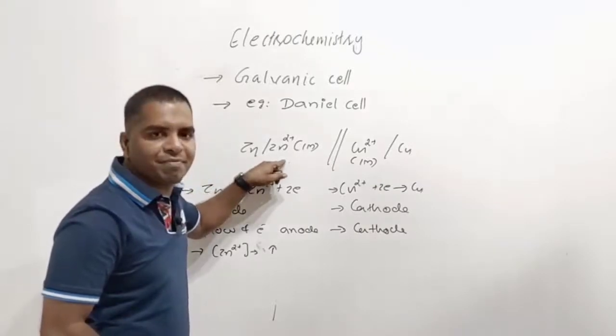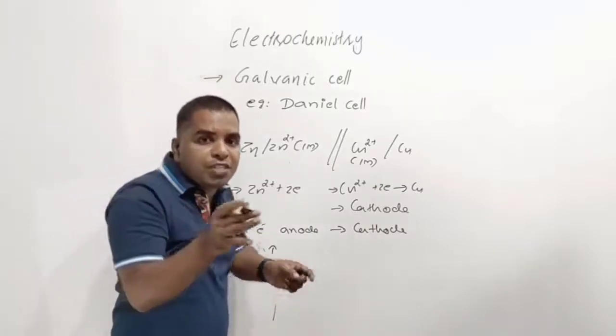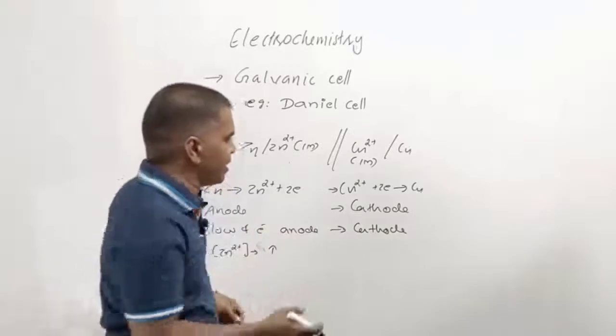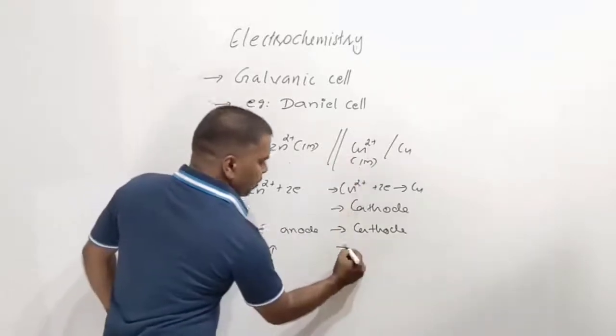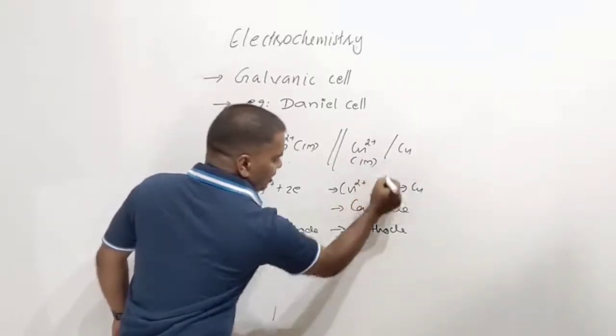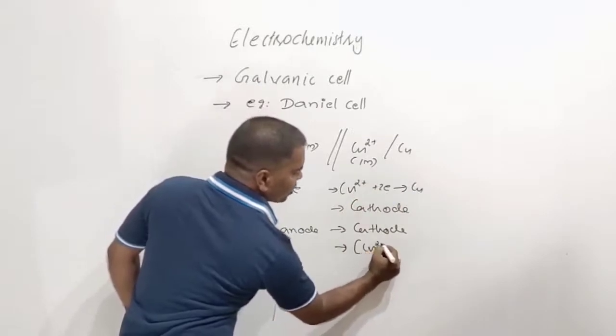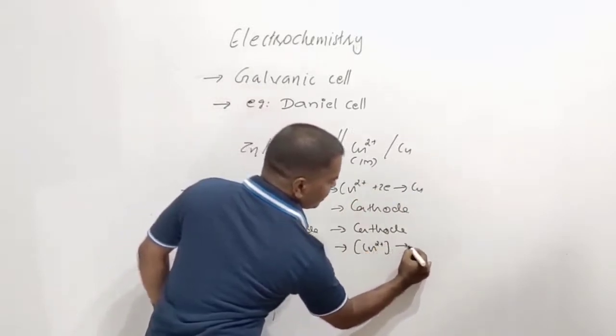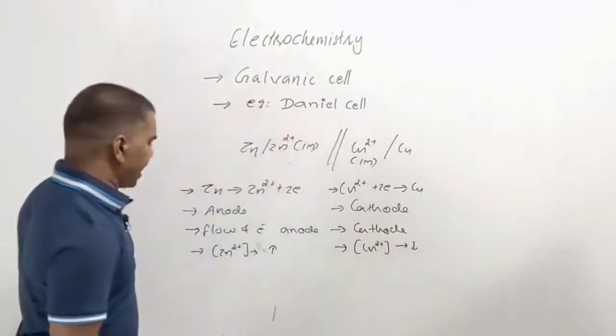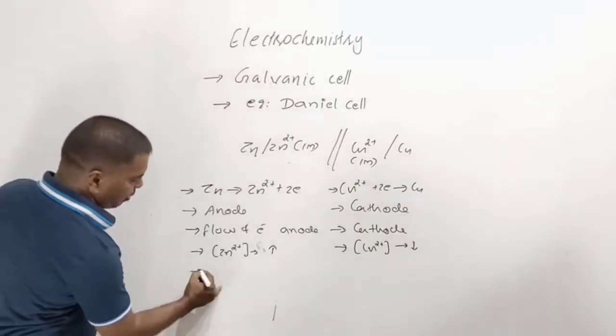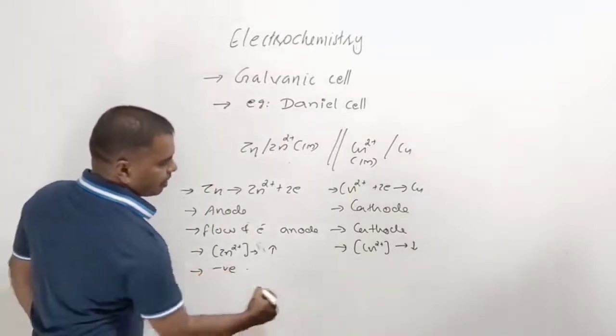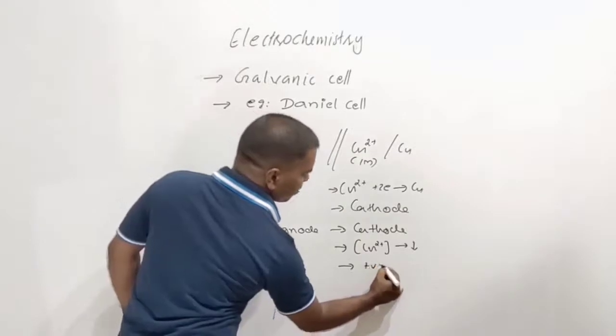Due to reduction, Cu2+ becomes copper, that is, the concentration of Cu2+ decreases, right? The anode acts as the negative terminal, and the cathode acts as the positive terminal, right?